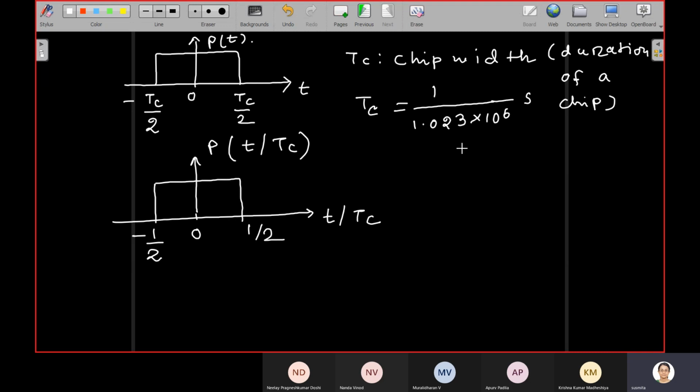Now how can we represent the chip when it's shifted in time? So let's say this chip here has shifted by say L chips, and then we want to show it in the normalized time scale.